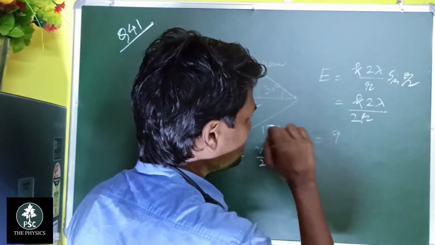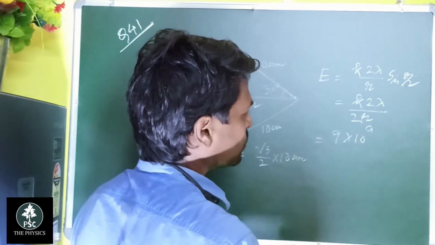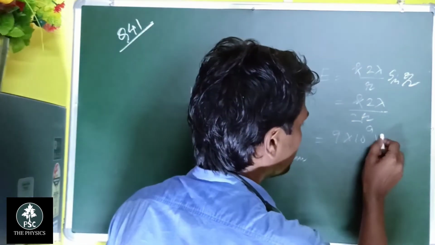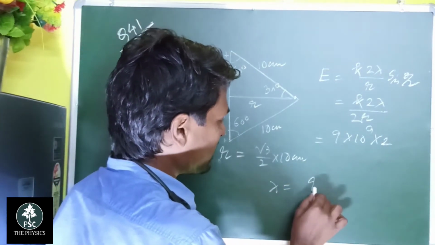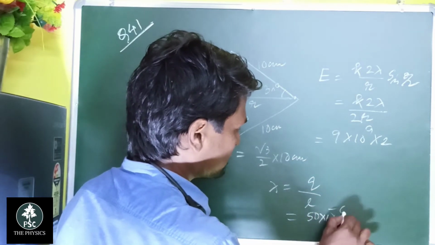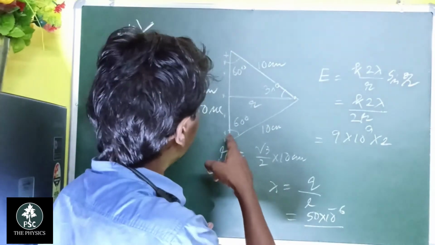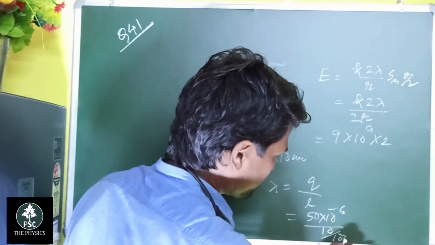Just substitute the values. Kappa means 9 into 10 to the power 9, this is Coulomb's proportionality constant, and then 2 and lambda. So lambda equals total charge by total length. This is 50 into 10 to the power minus 6 divided by length, that is 10 by 100 meter.